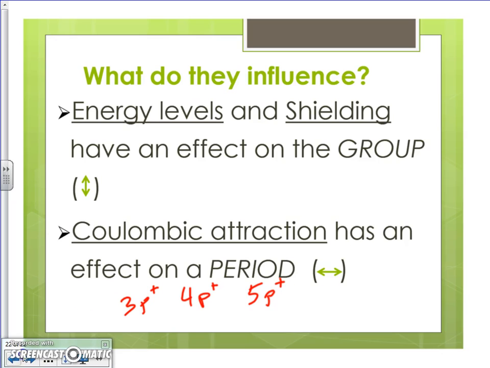You are adding more positive charge as you go across a period, and you're putting those electrons in the same orbital, the same ring. So it takes away shielding as a factor because there's still the same amount of electrons in between the nucleus and those outer electrons. So it's just the fact that we have more protons to hold them in.